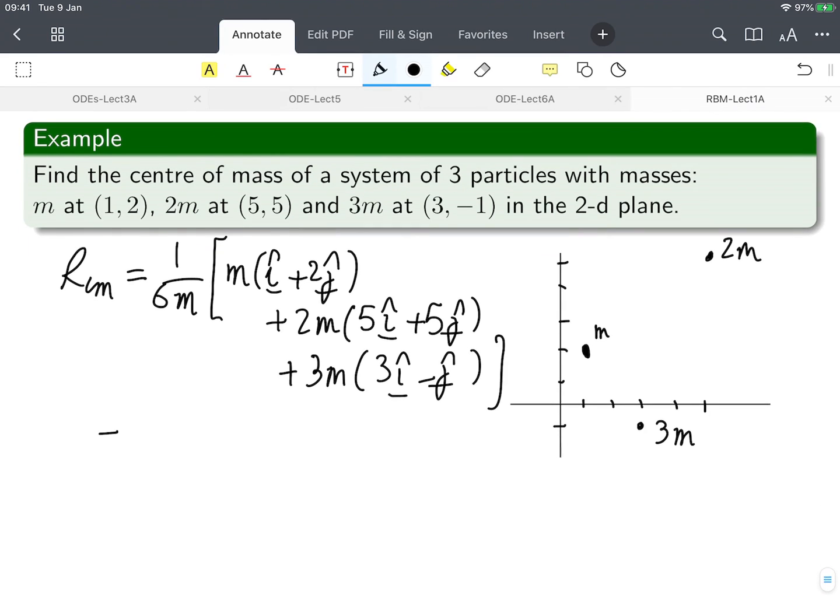Then all the m's cancel out. All the i's add up to 1 plus 10 plus 9, that's 20. All the j's, 2 plus 10, that's 12, minus 3, that's 9.